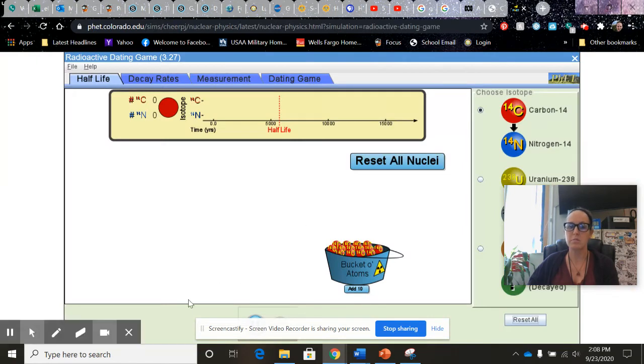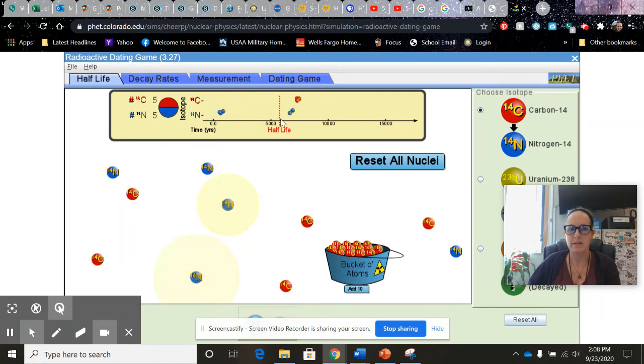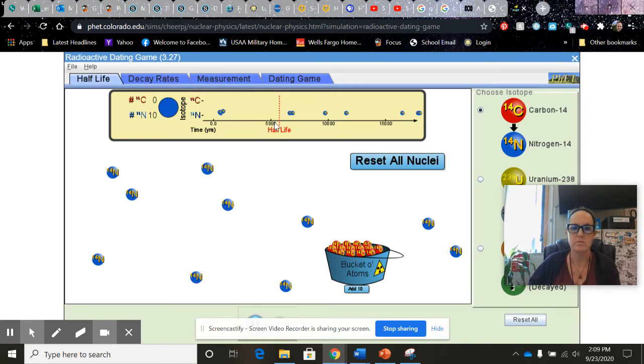So when we look at this simulation, if we could pretend that we could just throw atoms in a bucket, which we can't for real, but we're just pretending. So here I've got 10 of these carbons, and right around this halfway mark, 5 of them had changed into nitrogen to make it half.